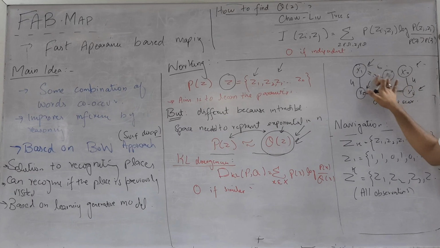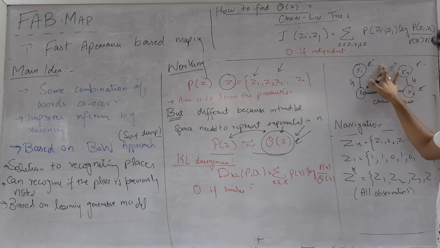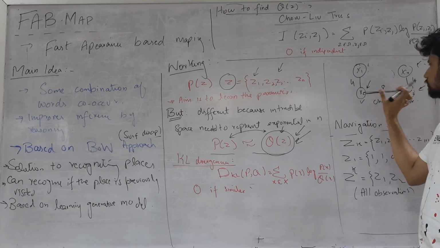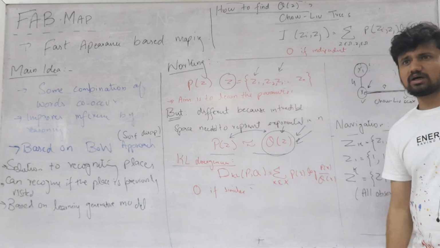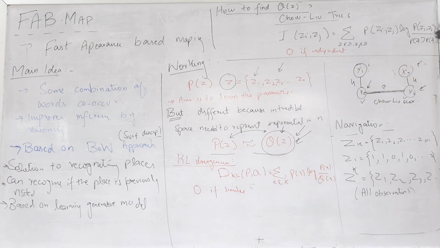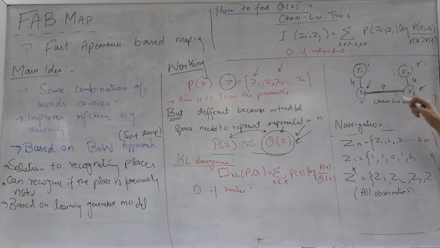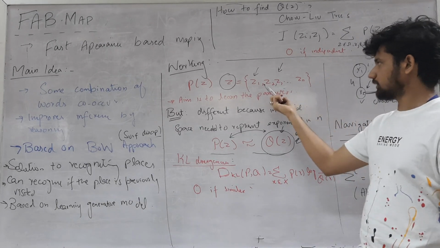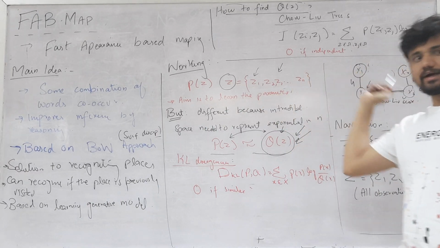So this is the rule of this algorithm. It says that if the scores of these two are high, it means these two random variables or features are co-occurring together. So this was the whole point that we wanted to estimate here.